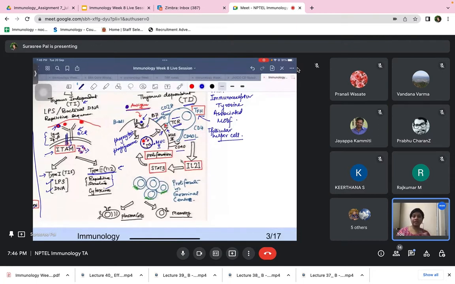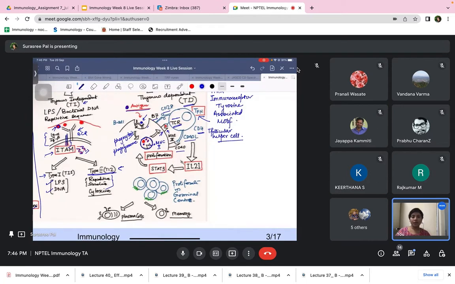So the MHC TCR interaction is taking place, because of which now this T follicular helper cell will produce an interleukin, which is interleukin 21 or IL-21, right? Because of this interaction with the B cell, the T follicular helper cell will now secrete this important cytokine IL-21, which will further initiate the JAK-STAT signaling. Okay, what is JAK-STAT?